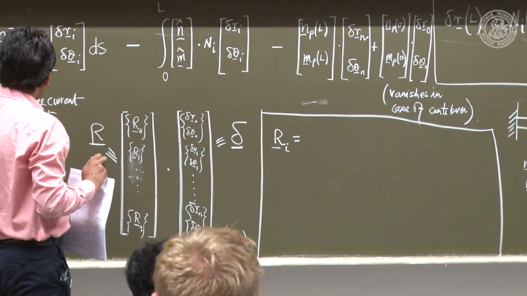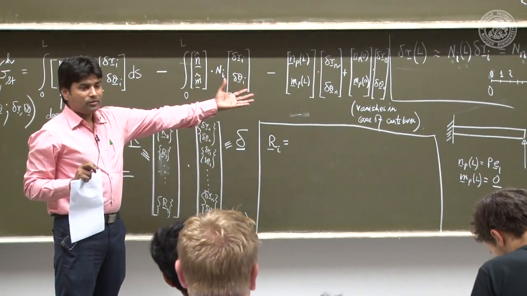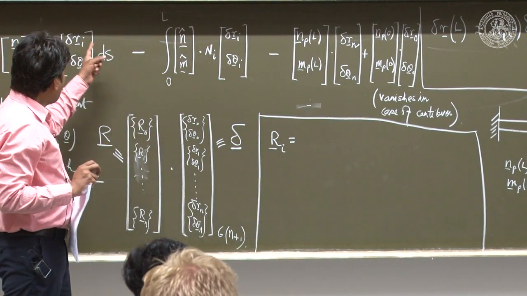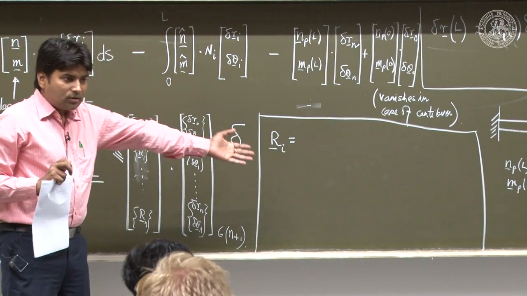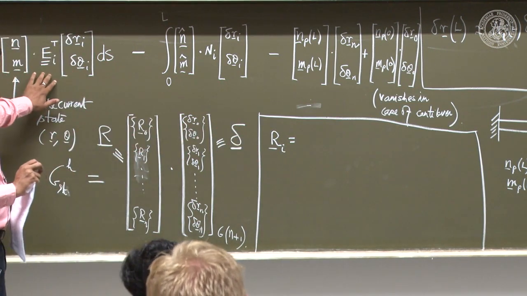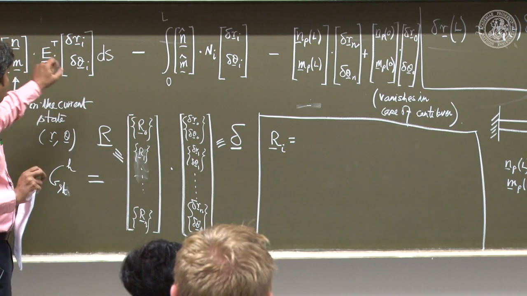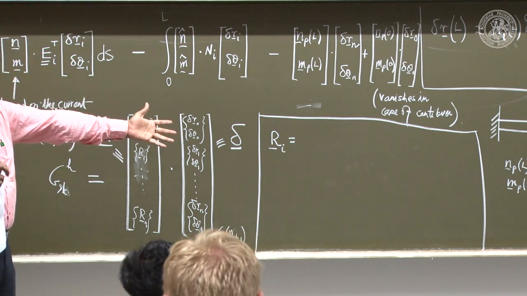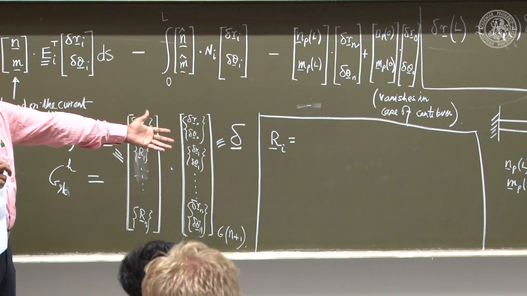So, then it means you just have to get the coefficient of del r I, del theta I, that will be your big R I, is not it? So, you come over here, extract the coefficient of del little r I, del theta I, that is going to go in big R I.